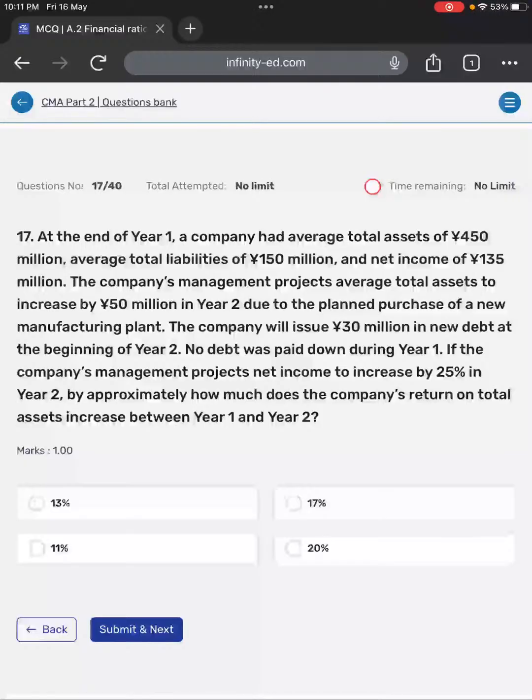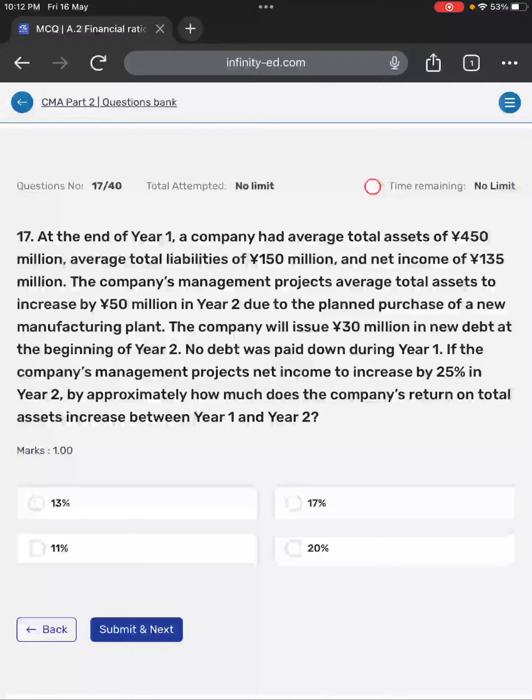Now we have to calculate net income 35 increased by 25%, 35 plus 25% is 43.75.